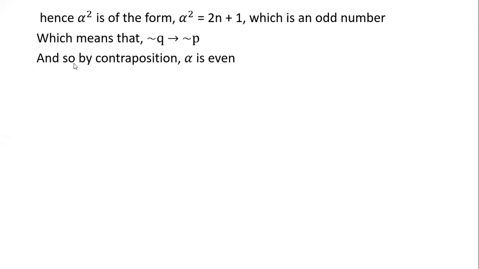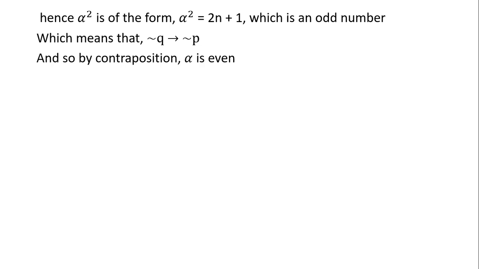We have now proved that alpha squared is of the form 2n plus 1, which is an odd number, which means that we have not Q implies not P. And so by contraposition, we are saying that alpha is even.